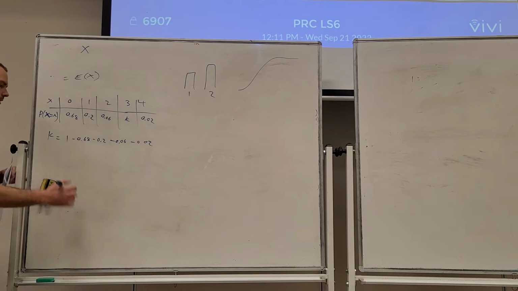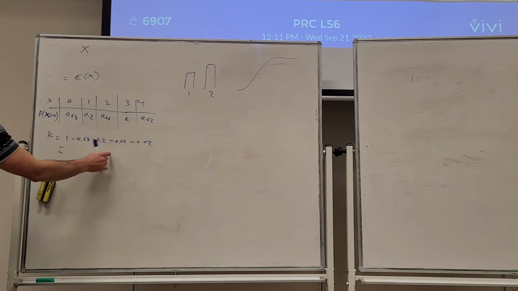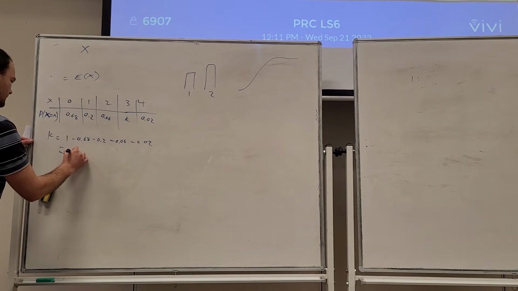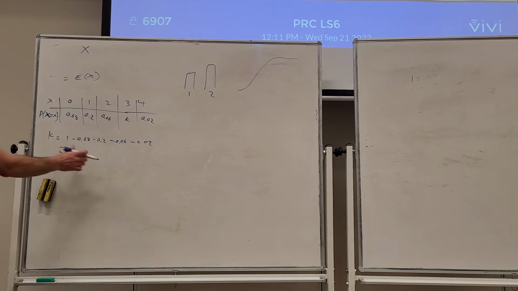K is 0.04. Alright, find the mode of the distribution.